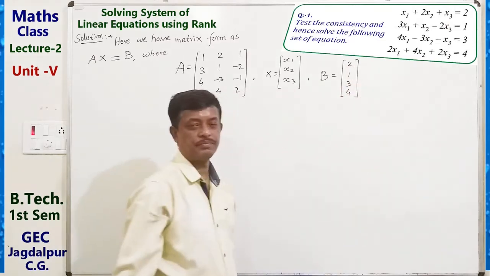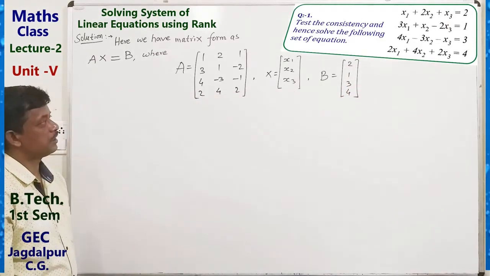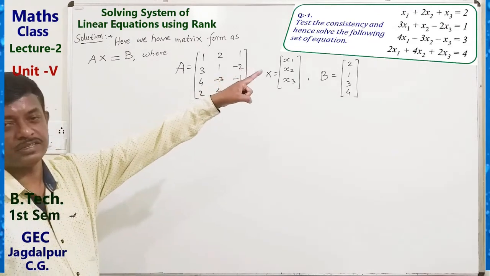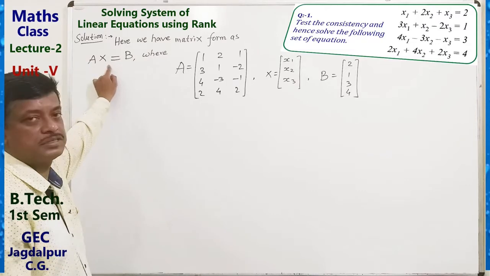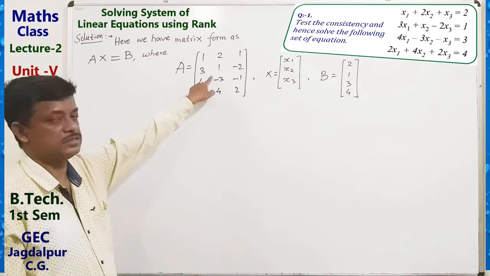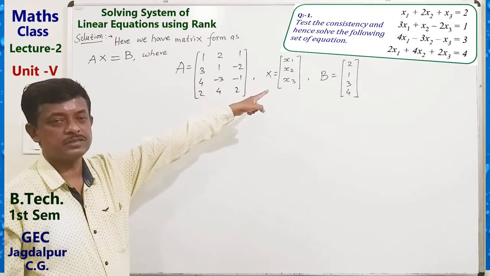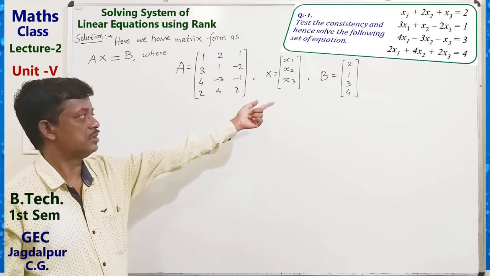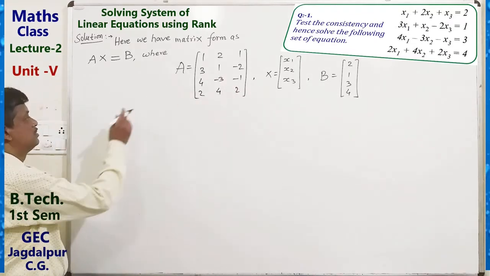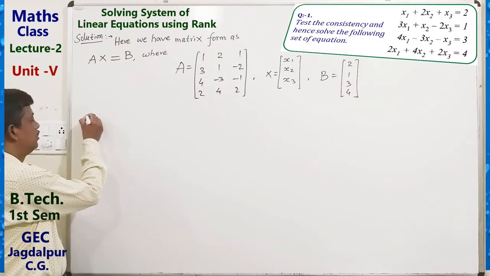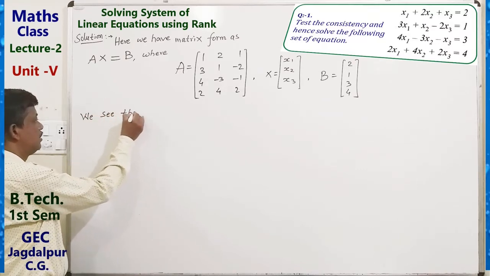This is B. In this system, the coefficient matrix is this, the solution matrix holds the 3 unknowns, and B is the right-hand matrix.